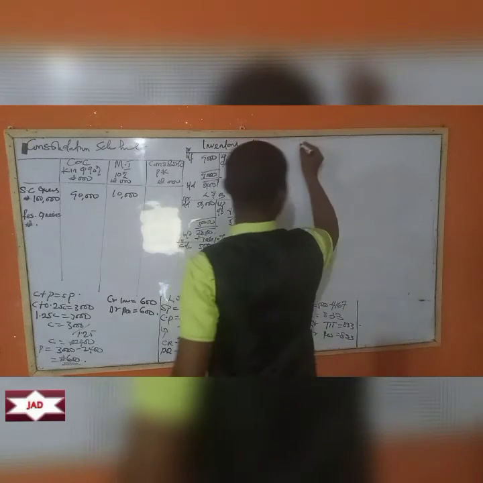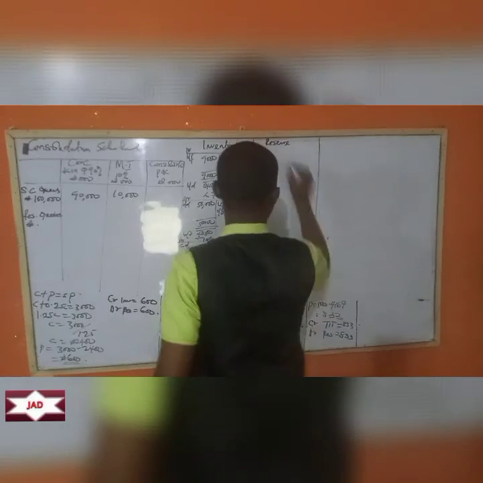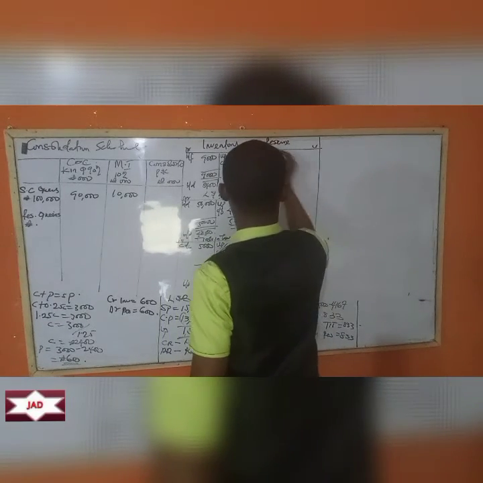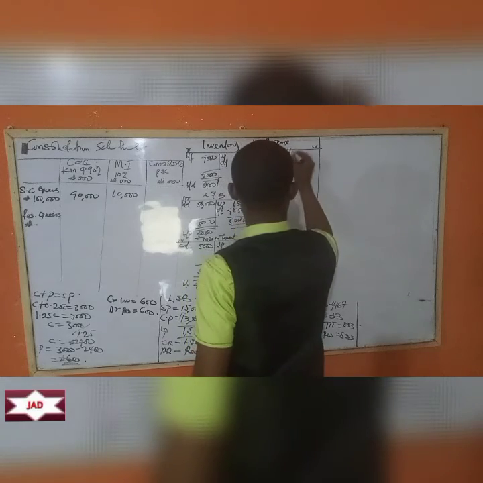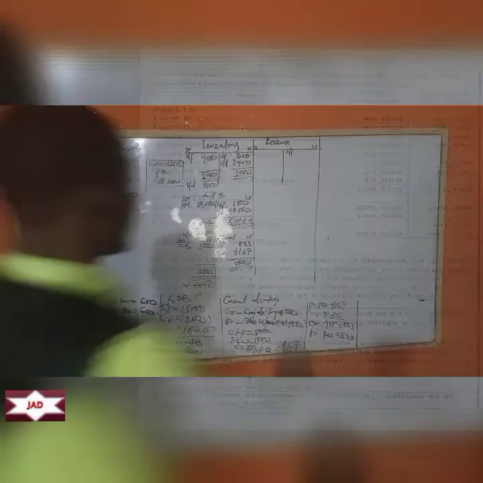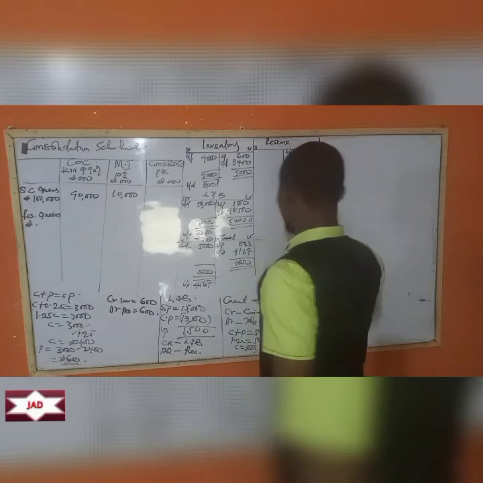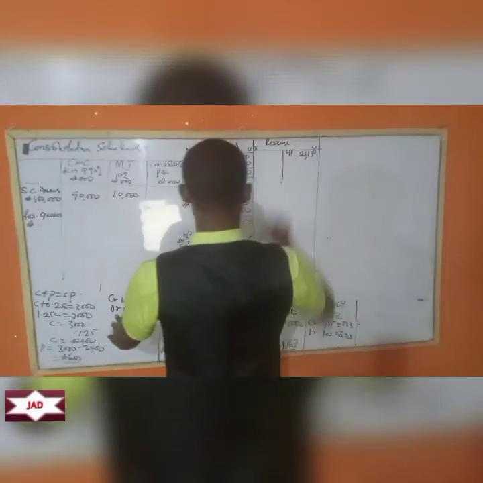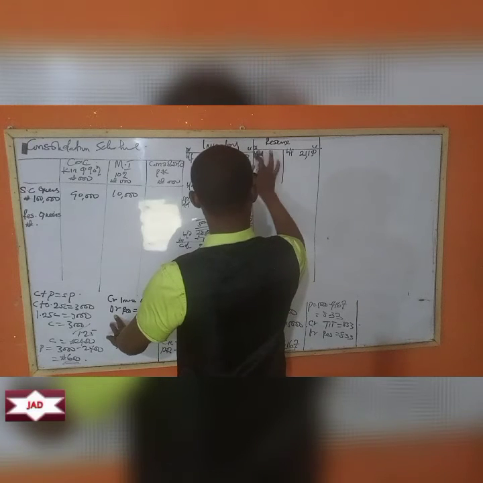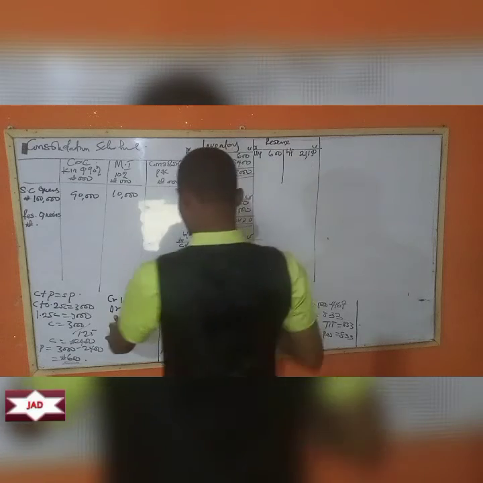The next one now, let's have our reserve. Credit, debit, balance brought forward. What do you have there? 21,150. Here you're debiting reserve for unrealized profit on inventory, 600.